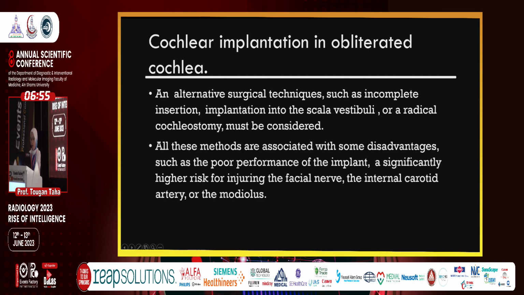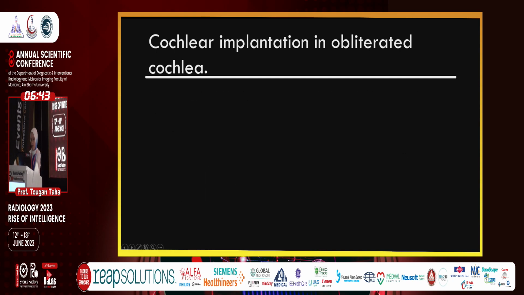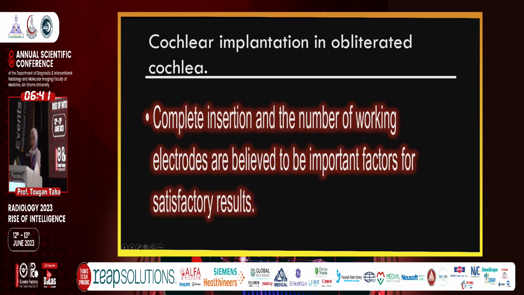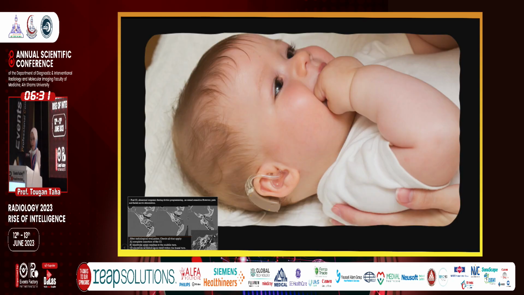All these methods are associated with some disadvantage, such as poor performance of the implant, a significantly higher risk of injuring a facial nerve, internal carotid artery, or the modiolus. Complete insertion and the number of working electrodes are believed to be the important factor for the satisfactory results.